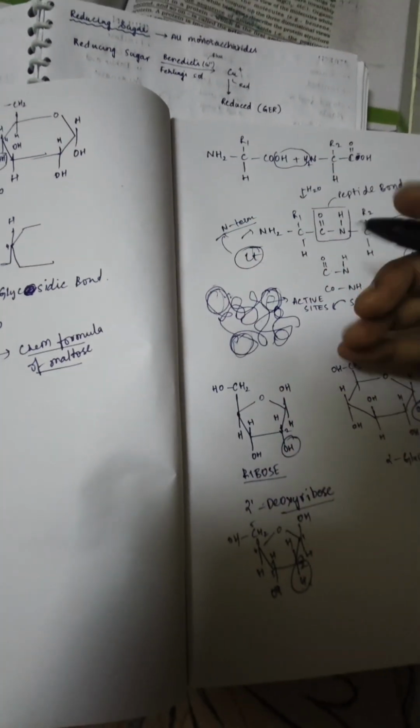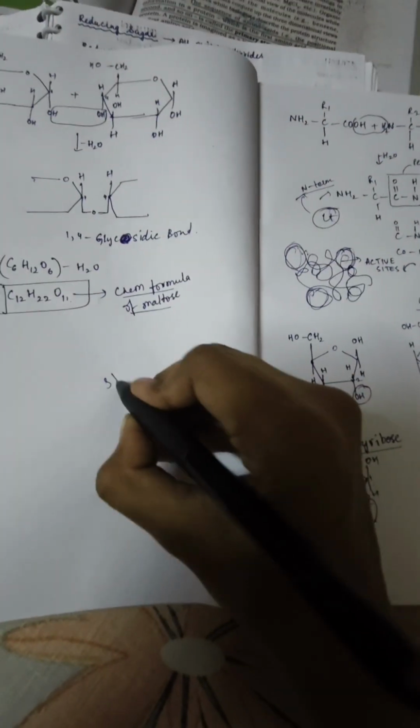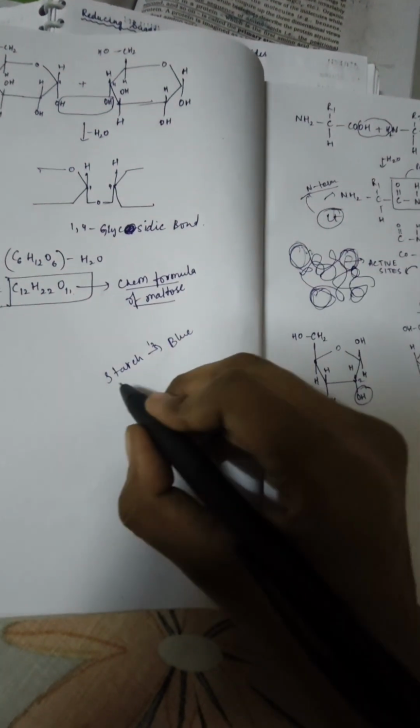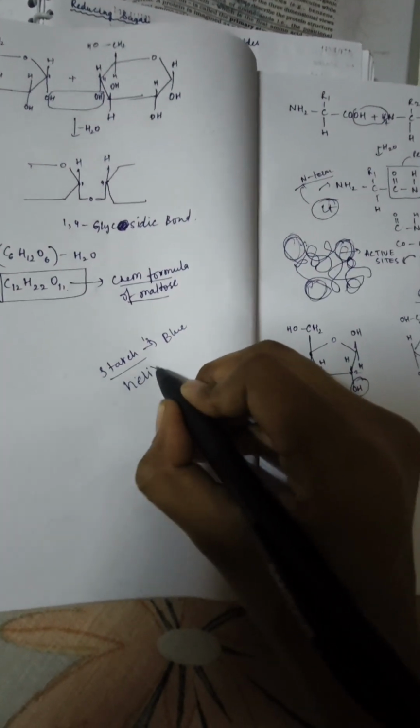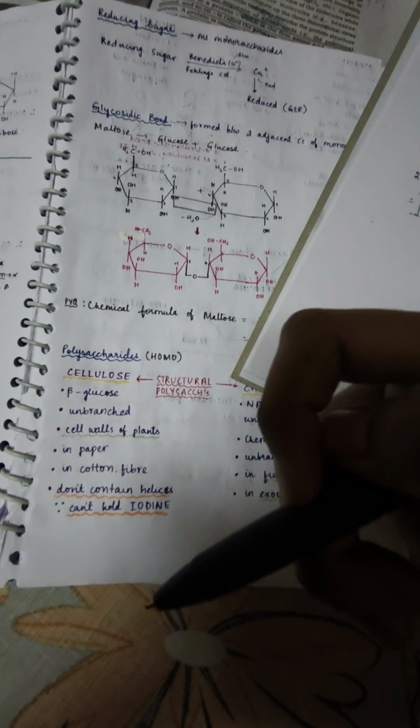It has some hollow regions which hold iodine when you add it. When you add iodine to starch, it turns blue, green, blue-black in color. We know that, right? Because starch has a helix. Whereas in cellulose, when you add iodine, it will not show a blue color because it cannot hold iodine. It doesn't have helices to hold iodine.